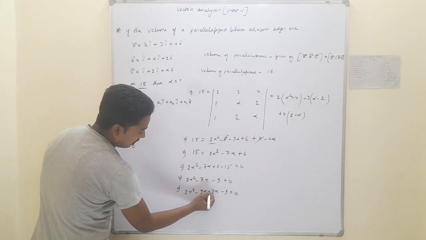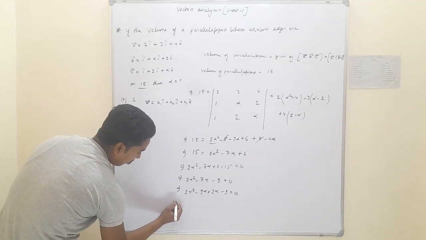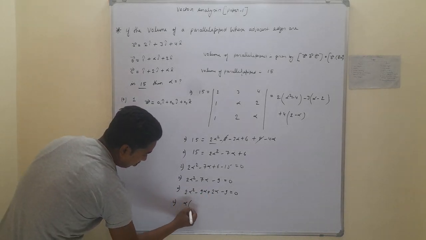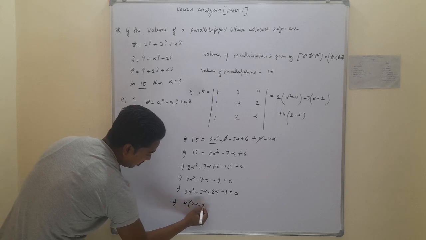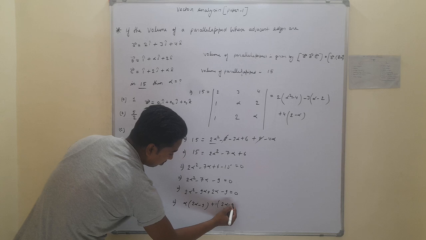Taking alpha common from the first two terms, we get 2 alpha minus 9, and taking 1 common, we get 2 alpha minus 9.